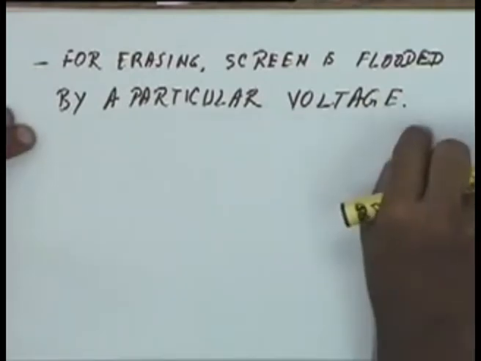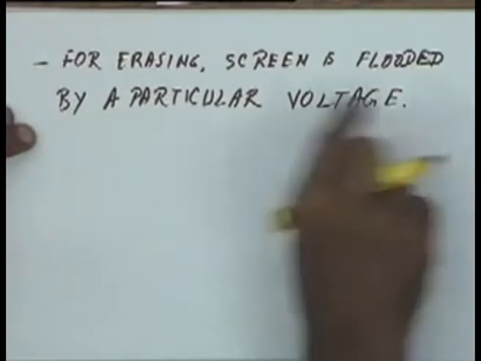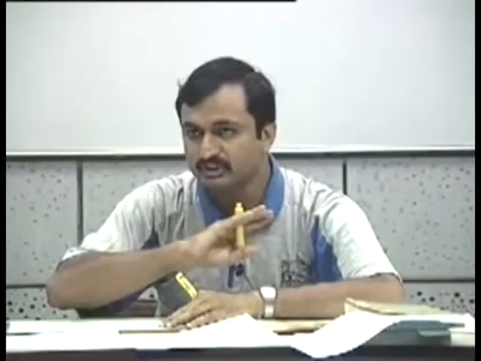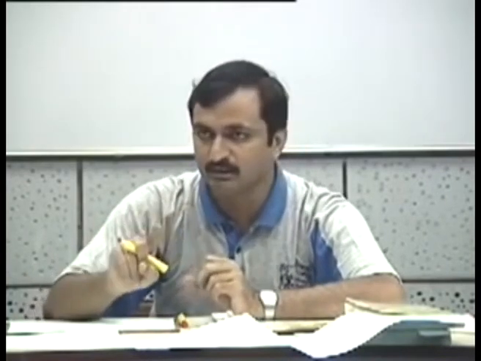The basic disadvantage of this type of screen is that every time you want to make any change, the whole screen has to be erased and then redrawn from the beginning. We cannot erase it in parts. If you write anything on that, it is going to be visible for an hour or two, and if you want to erase it before that, you erase the full screen and rewrite it again. That is the basic disadvantage of this.